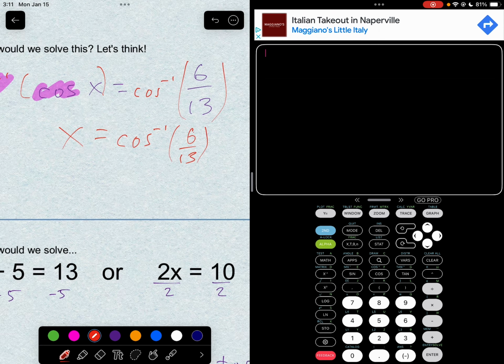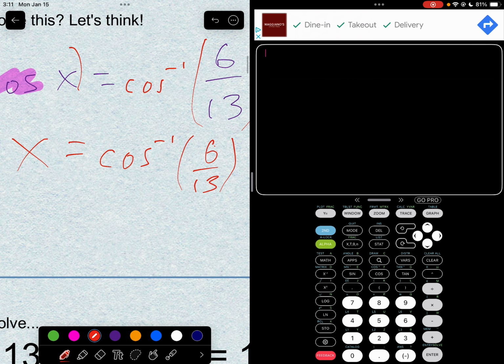Now we're literally going to type this in exactly as we see it. Cosine inverse, how do we get cosine inverse? You're going to hit second and then cosine. And what you get on your screen is cosine inverse. 6 divided by 13, close your parentheses, and hit enter.